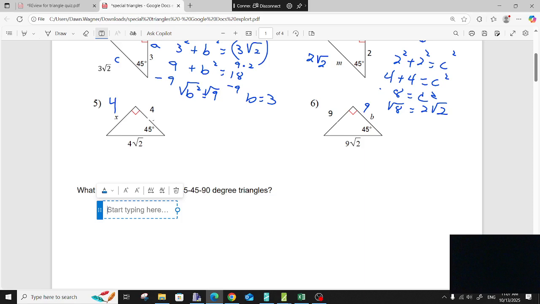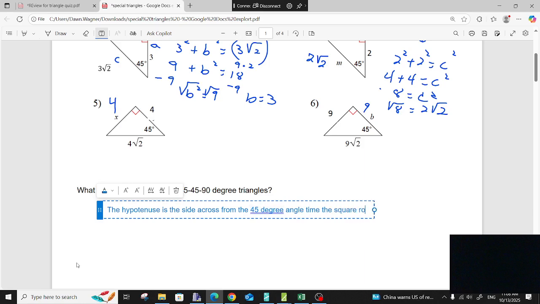What do we take that side across from the 45s by? What do we multiply it by to get 9, the hypotenuse? The square root of 2, right? The hypotenuse is the side across from the 45-degree angle times the square root of 2.